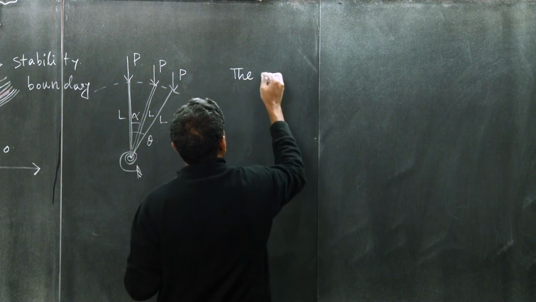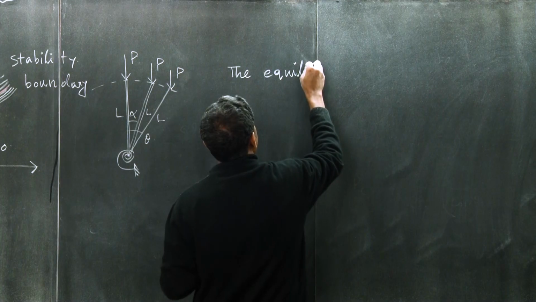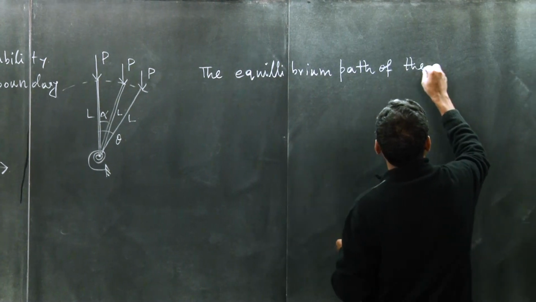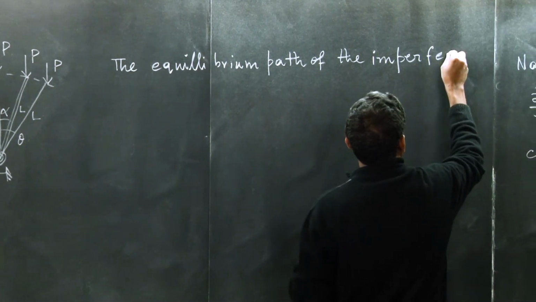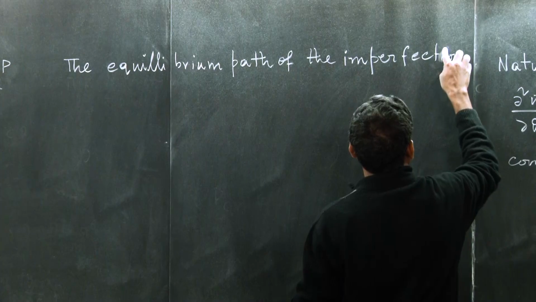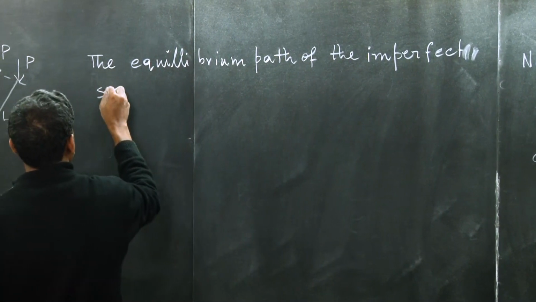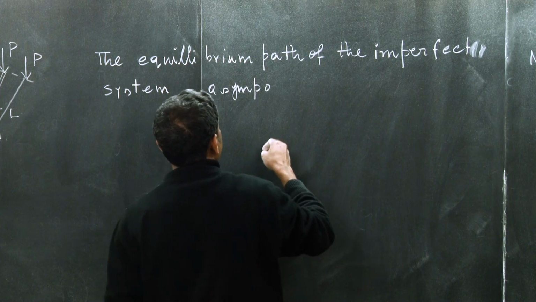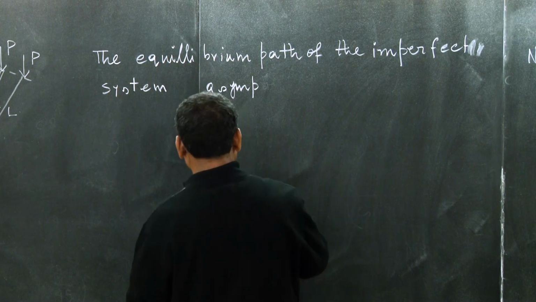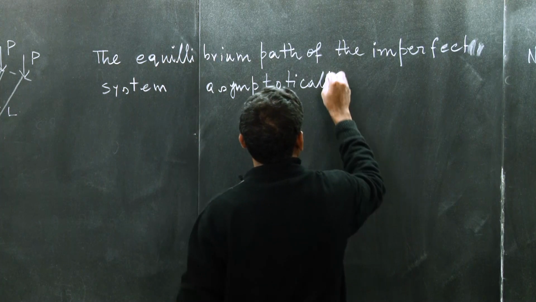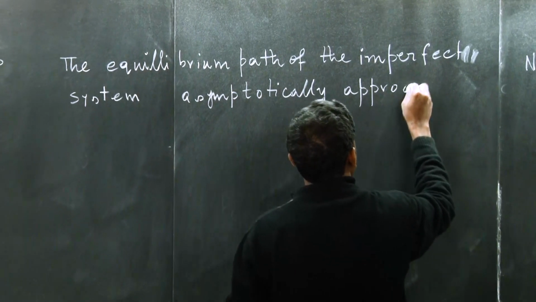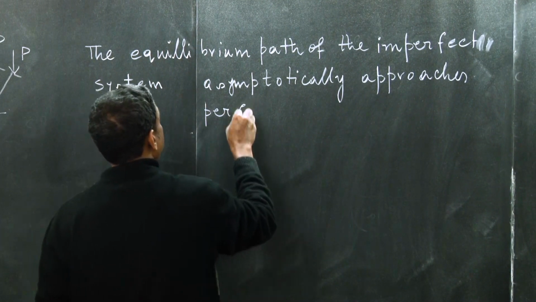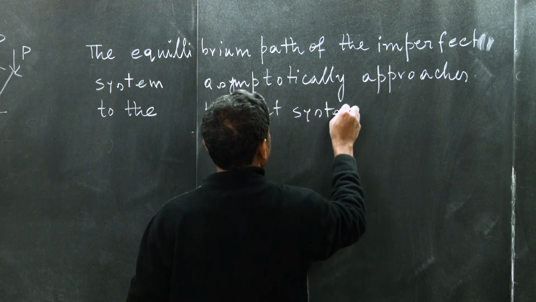So the equilibrium path of the imperfect system asymptotically approaches the equilibrium path of the perfect system, to the equilibrium path.